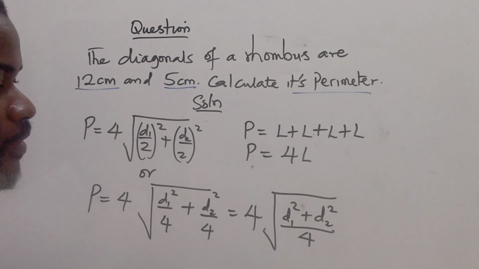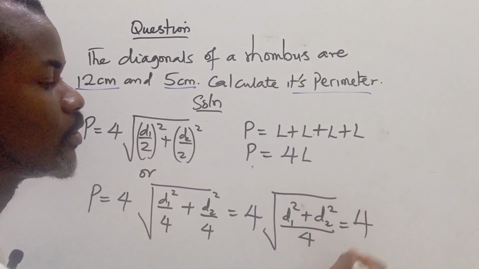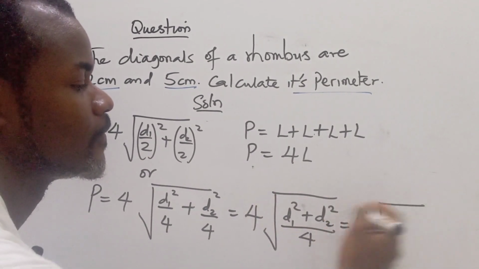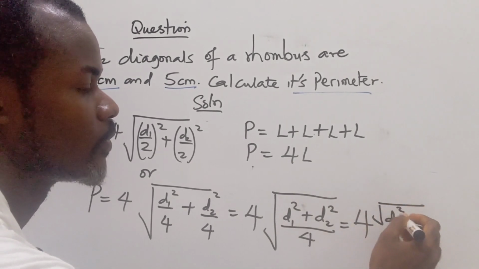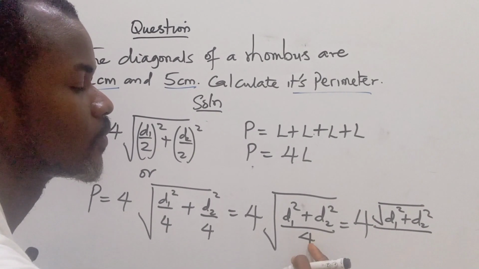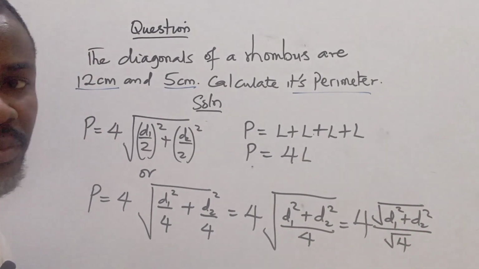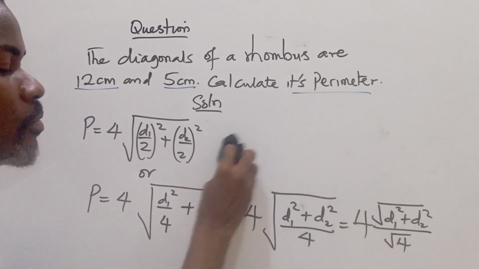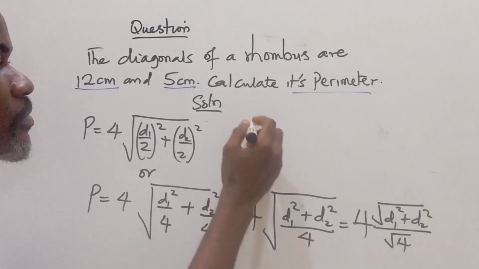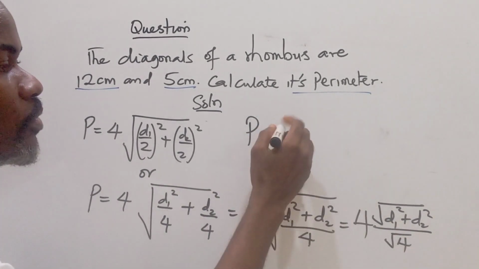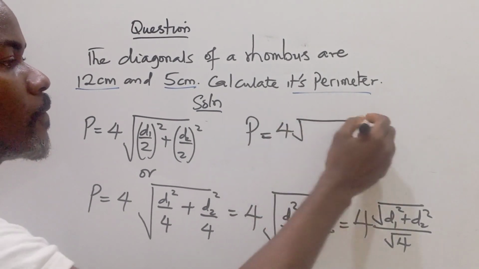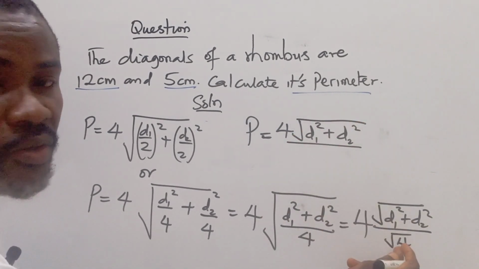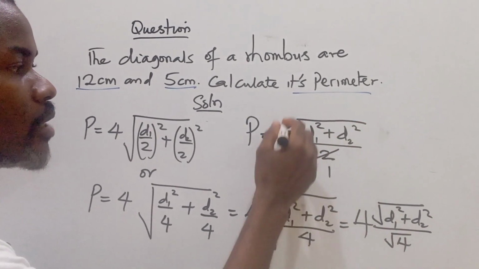From this, we can further simplify: the square root can go for the numerator and also for the denominator. Finally, my perimeter from this relationship is going to be 4 times the square root of D1 squared plus D2 squared divided by the square root of 4, which is 2. If I cancel this out, we have 2.